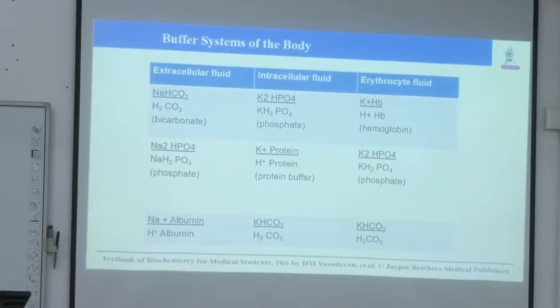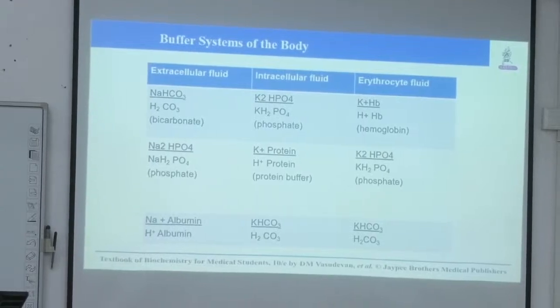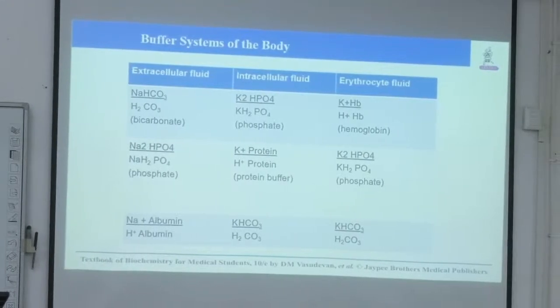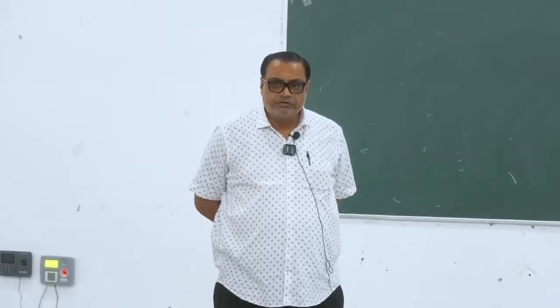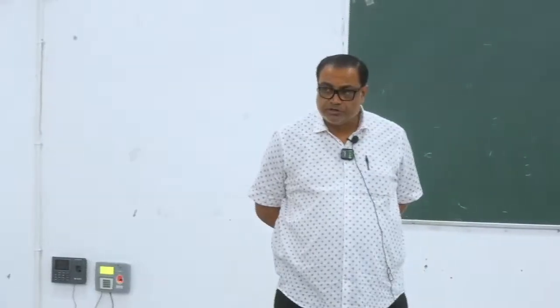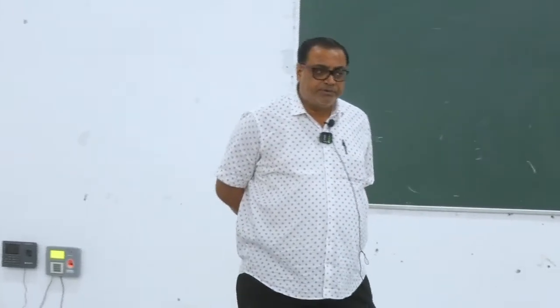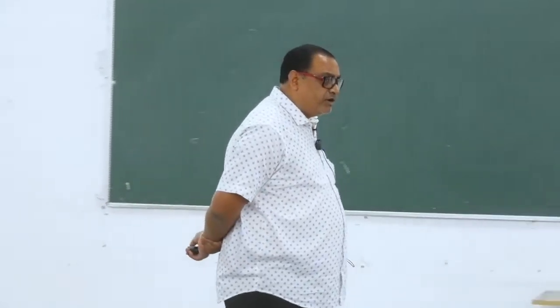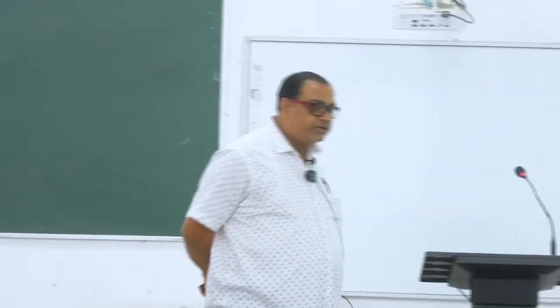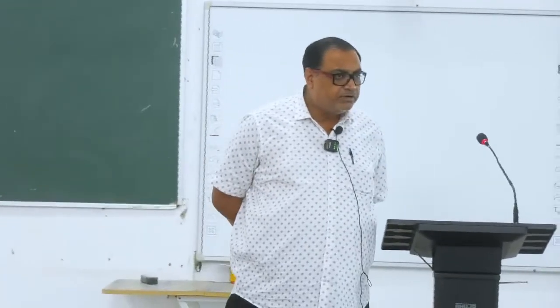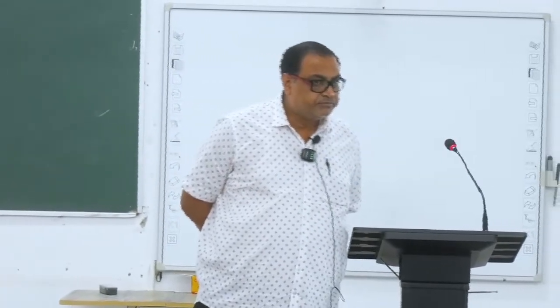In ICF, potassium content is high. So whenever we prepare a buffer for ECF enzymes, we should use sodium salt. Whenever we are preparing a buffer for intracellular enzymes, we must prepare with the same salt but with potassium. Clear?